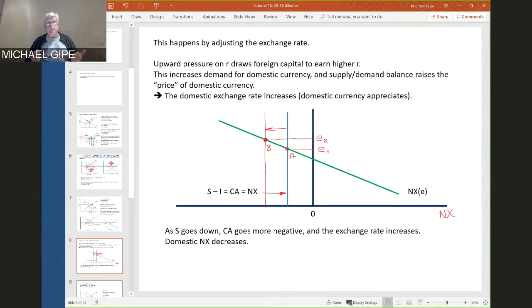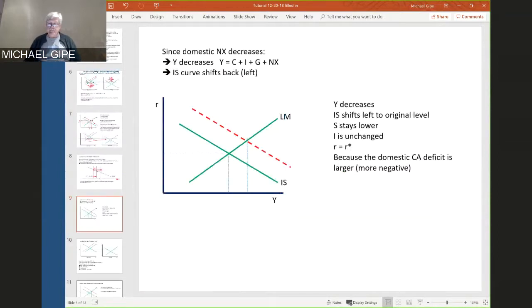So we're increasing the size of the current account deficit, and correspondingly, the foreign economies will be sending more products over to the domestic economy, so their net exports will increase by the same amount. So since the domestic net exports decrease, Y will increase.